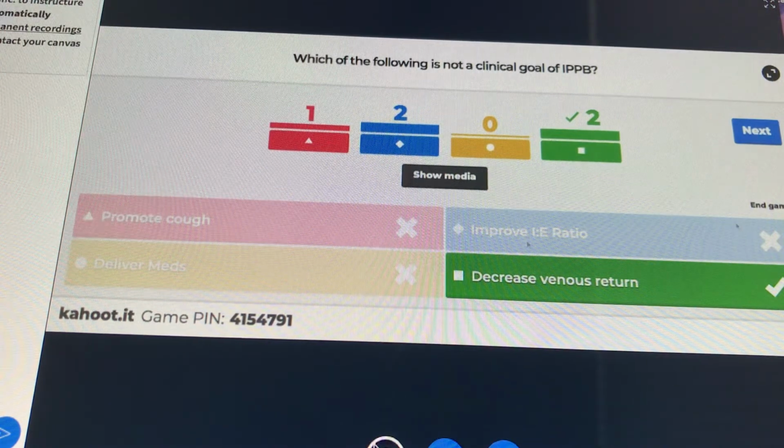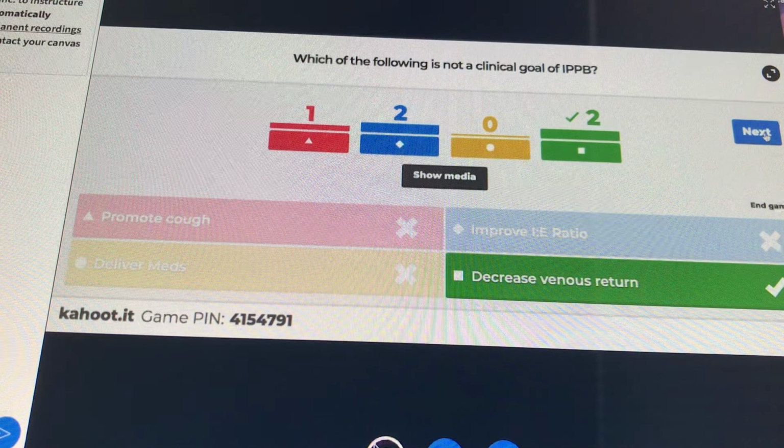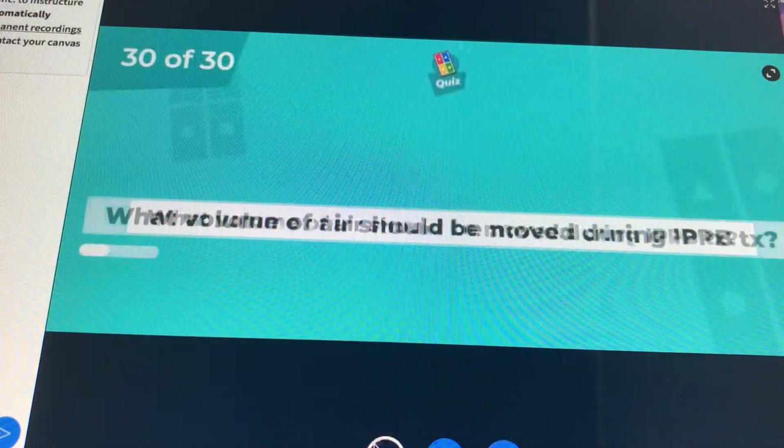That's not a clinical goal. Clinical goals are to improve your I:E ratio, deliver meds, promote a cough, to minimize VQ mismatch, improve distribution of ventilation, things like that.